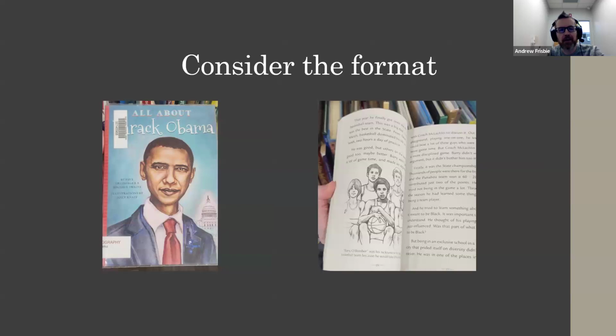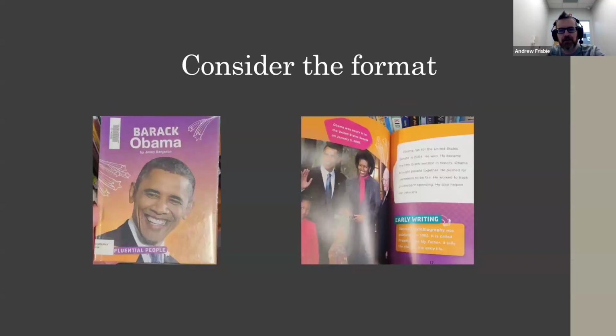Format of the book can also be tricky. I have increasingly started purchasing paperback books intentionally for the juvenile nonfiction section because that kind of builds in an obsolescence, especially in certain sciences and biographies. This biography of Barack Obama is already out of date, and then I have another one that is hardback.